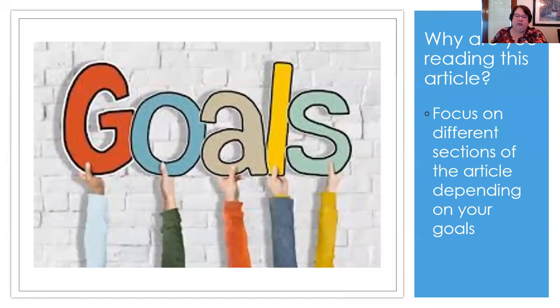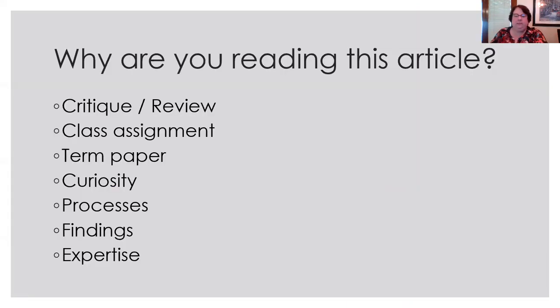Like I said, ultimately, you want to know what the goals are for reading the article. You want to focus on the different sections of the article depending on what your goals are. And there may be many different goals. You might be reading this article to do a critique or review. It might be a class assignment in which you're going to have a class discussion about the article. You might be writing a term paper and are reviewing several articles to find information to put in your term paper.